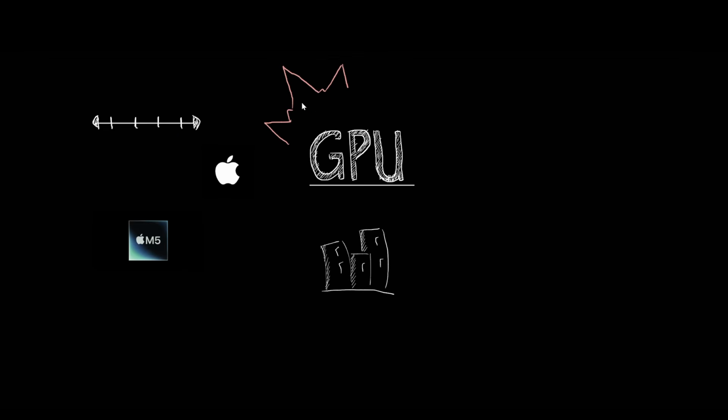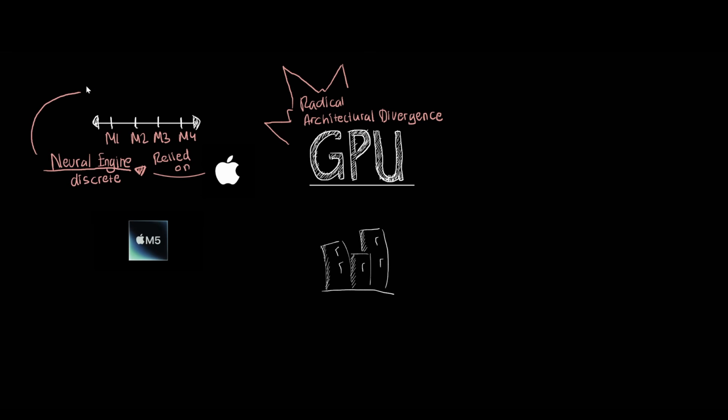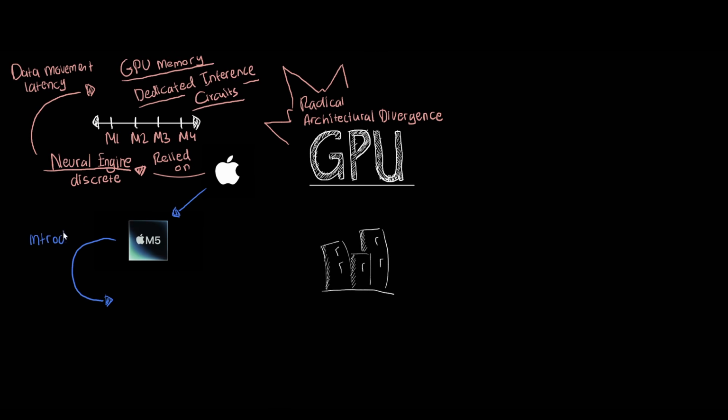The most radical architectural divergence, however, is found within the GPU. For the past 4 generations, Apple relied on a discrete neural engine. This introduced data movement latency between the GPU memory and the dedicated inference circuits. With the M5, Apple introduced distributed neural accelerators.